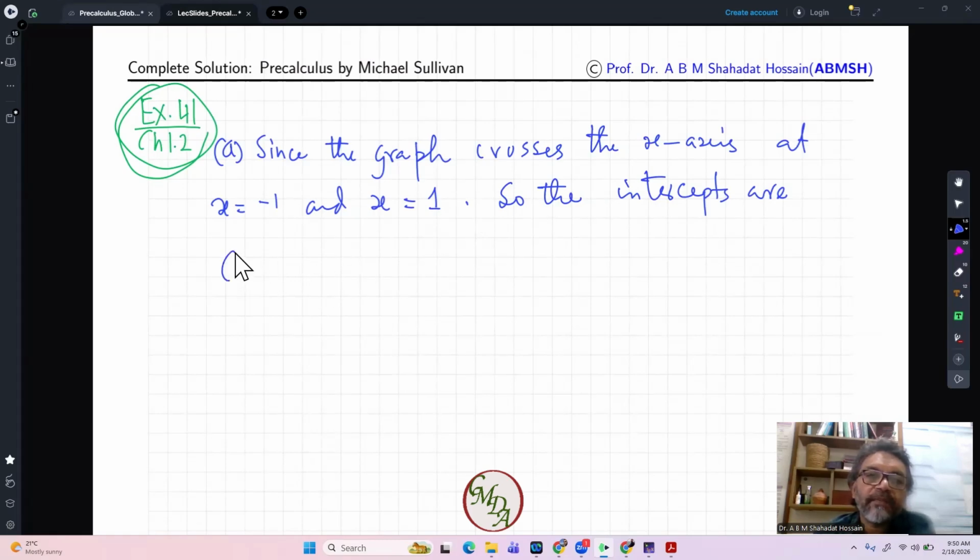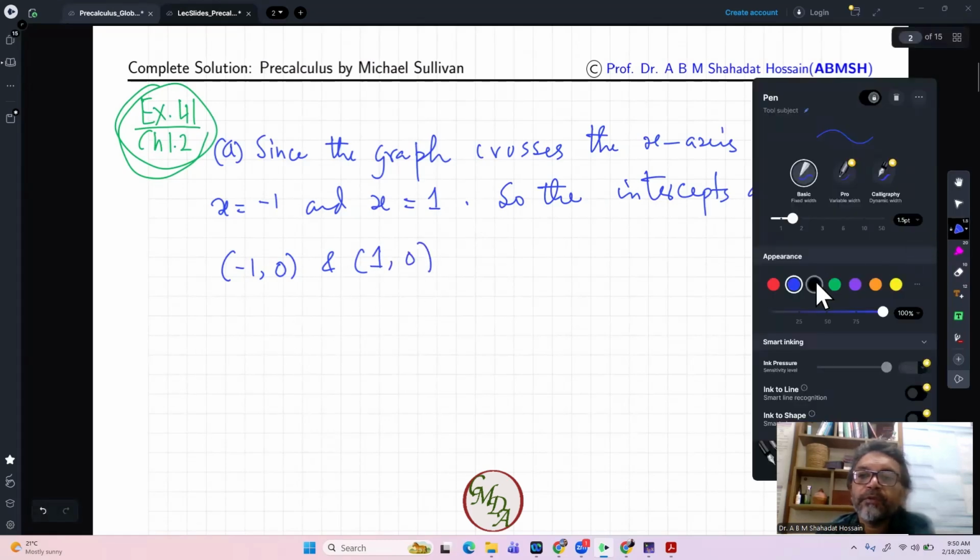So they are simply (-1, 0) and (1, 0). So this is the answer of the first part. Let's do the second part.